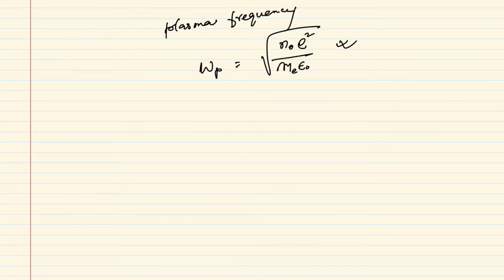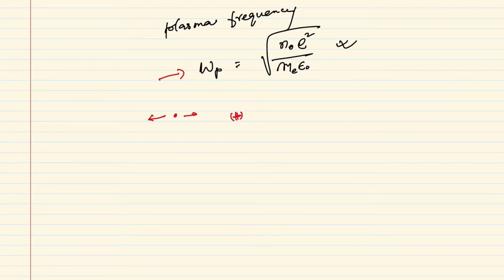In case of plasma oscillation, to obtain this expression, we have considered the oscillation of the electrons, and we have assumed that ions are stationary, as the displacement of ions is very small compared to the electrons.